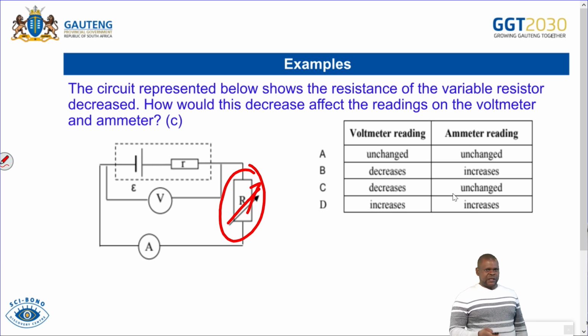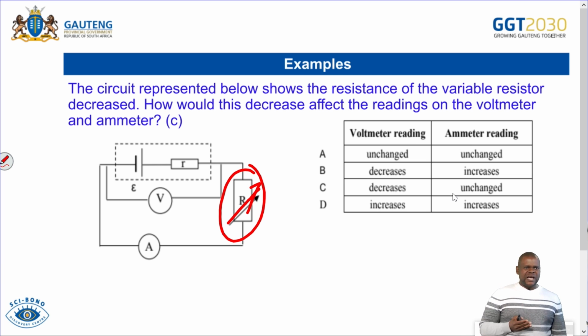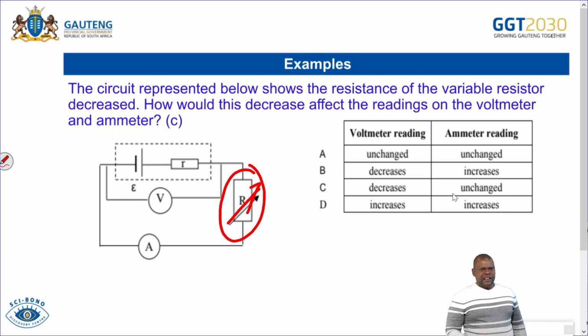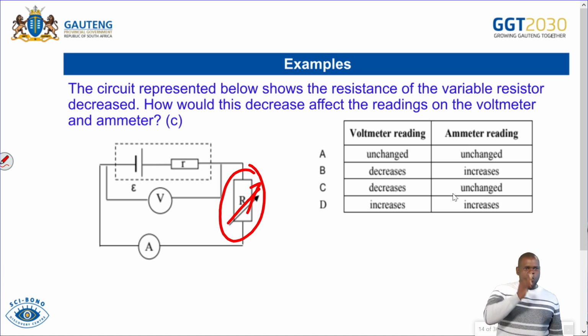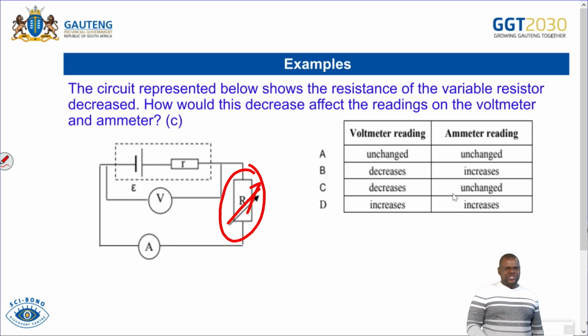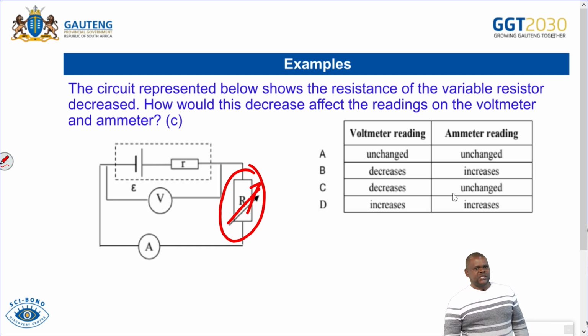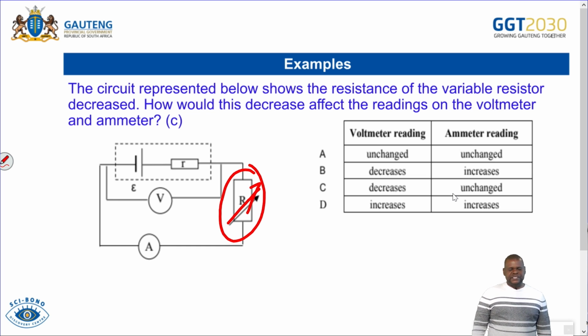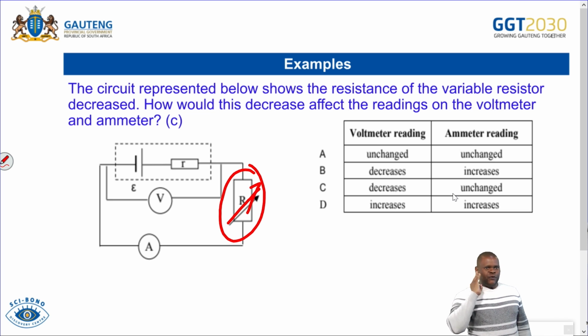Which one do you think is correct? In A, they say both are unchanged: the ammeter reading is not going to change and the voltmeter reading is not going to change. B says the voltmeter reading will decrease and the ammeter reading will increase.